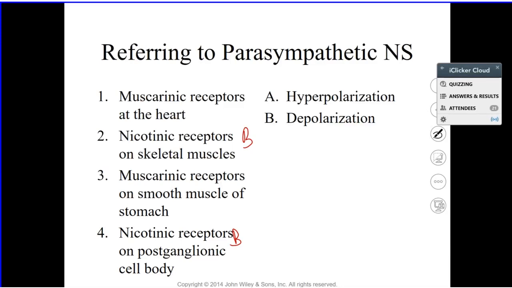So would muscarinic receptors hyper or depolarize? Should muscarinic receptors on muscle in the stomach hyper or depolarize? Why? What is the stomach involved in? Rest and digest. So these are the types of questions that will be on the final.